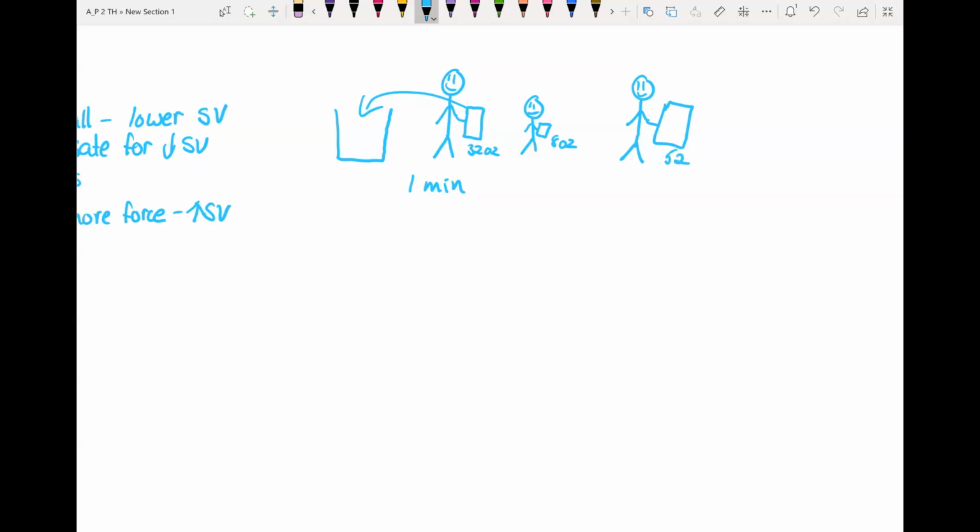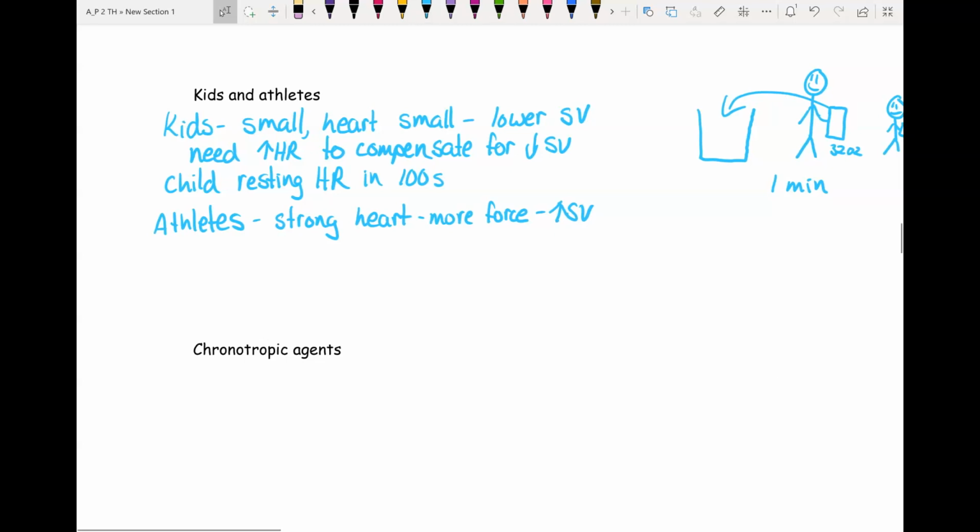So he has an even easier time filling up that bucket than the adult or the child. Because athletes have such a high stroke volume, they don't need their heart to beat very fast.